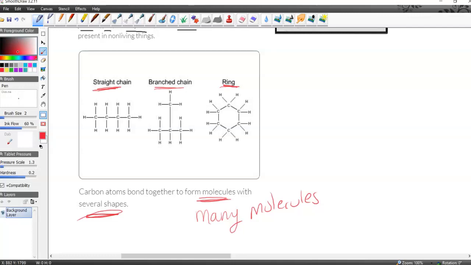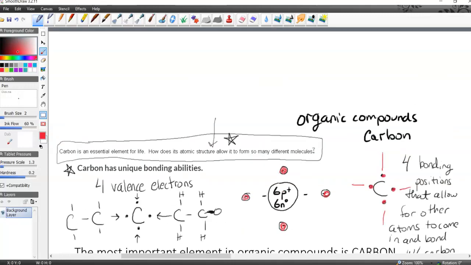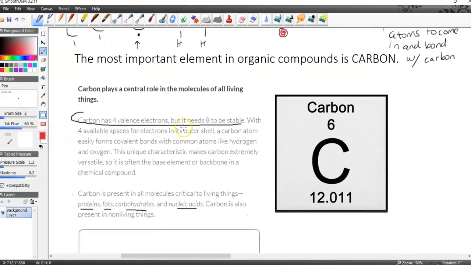Again, the CRQ is pretty straightforward. The question is, how does carbon's atomic structure allow it to form so many different molecules? Carbon has 4 valence electrons, which gives it 4 available spaces for other atoms like hydrogen and oxygen to come in and bond. Now, as a comparison, I want to show you something. If you are hydrogen, you only have 1 valence electron, so there's only 1 bonding dock there, if you will.